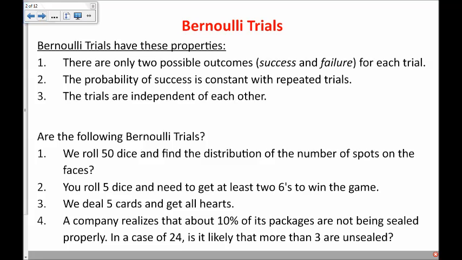I guess it'd be 90% would be the success because it would be sealed. We're assuming that the packages are independent of each other, which may not be the case because there may be one of the 10 machines that is not functioning properly. But assuming that they're independent of each other, number 4 would also be a Bernoulli trial.